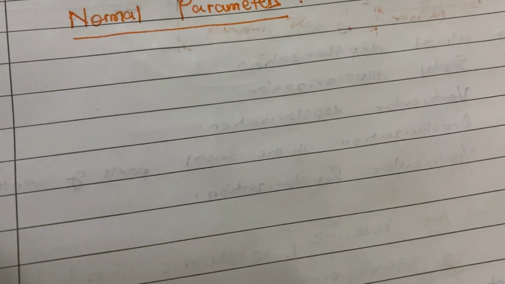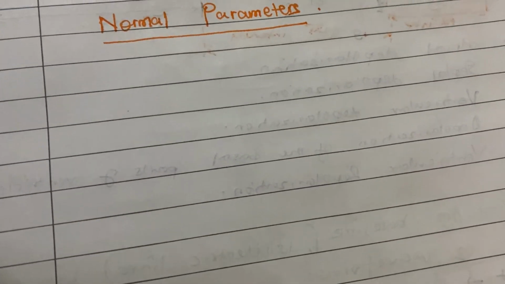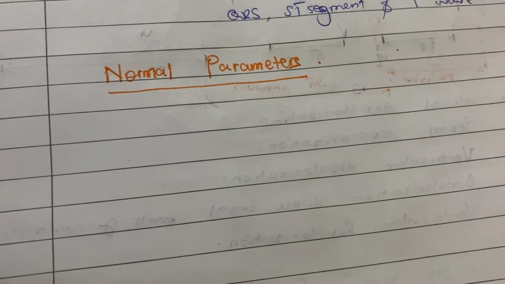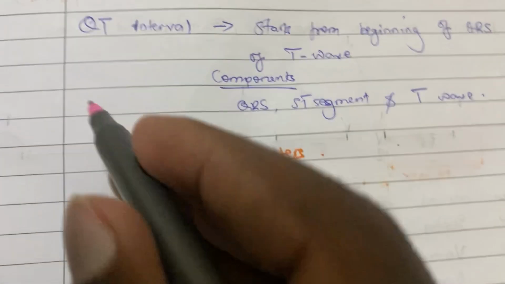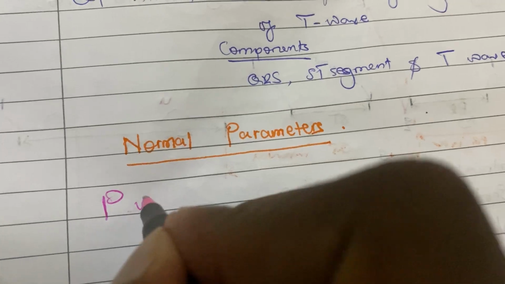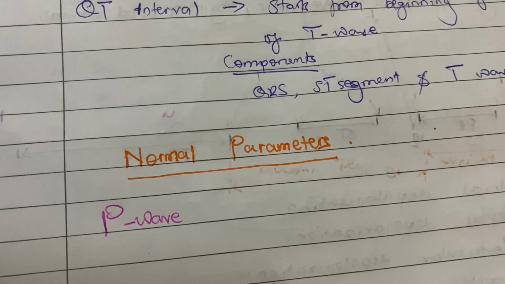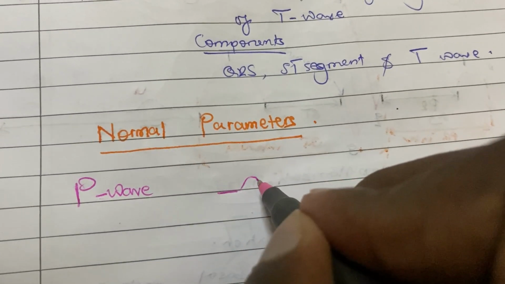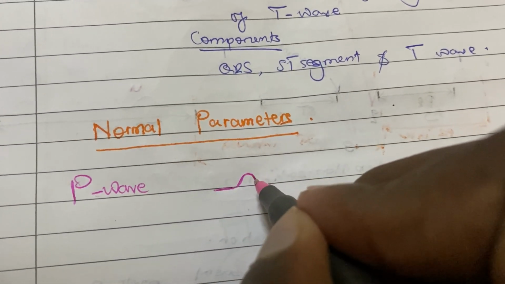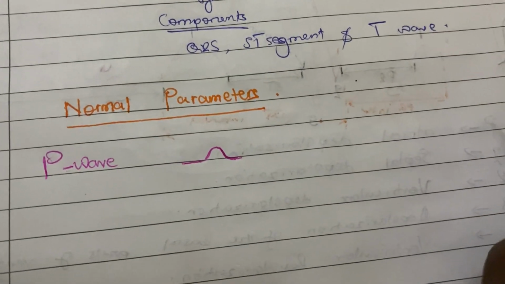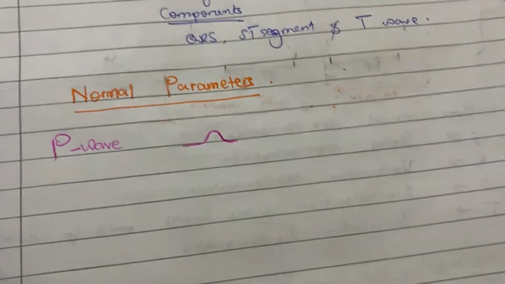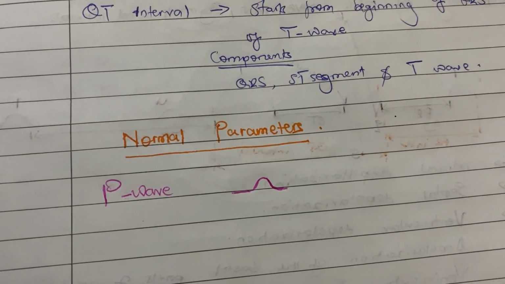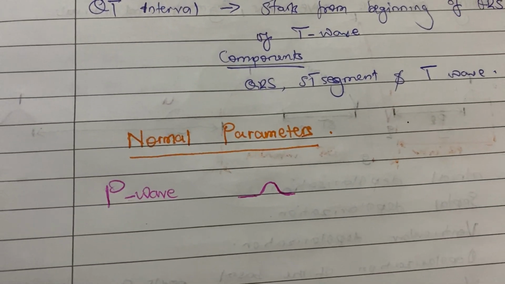The next thing we are talking about is the normal parameters of the waveforms, segments, and intervals. What are the norms? So again, starting from P wave, what are the normal parameters of the P wave? Morphologically, it has to be like that, not peaked, but a clear contour has to be there.